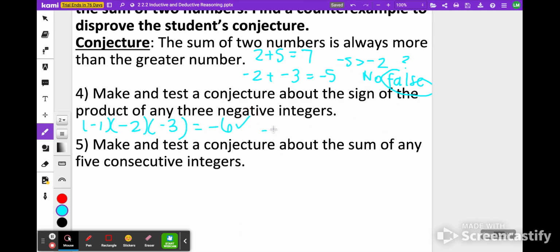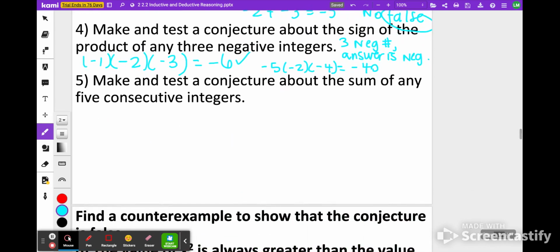How about -5 times -2 times -4? That's going to give me -40. Okay. So when I have three negative numbers, my answer is negative. So that would be making and testing the conjecture.